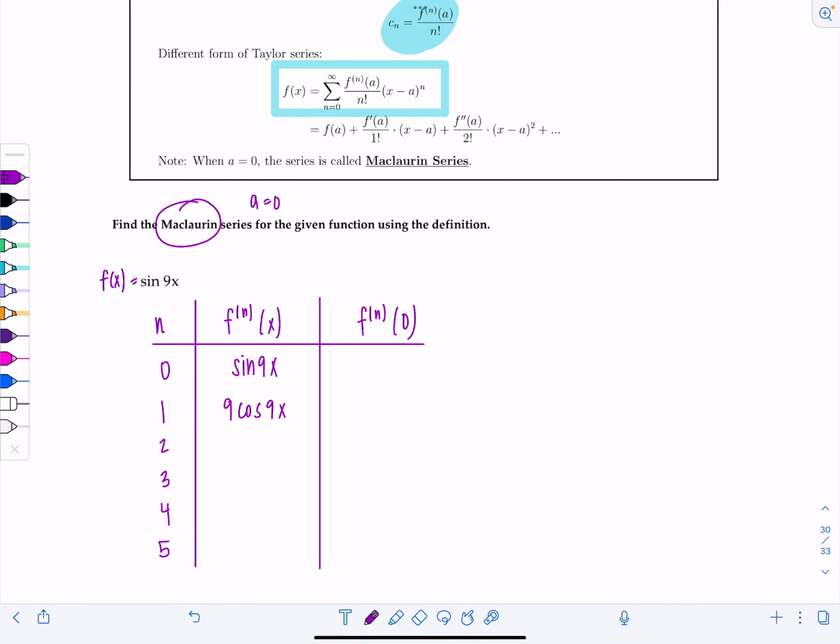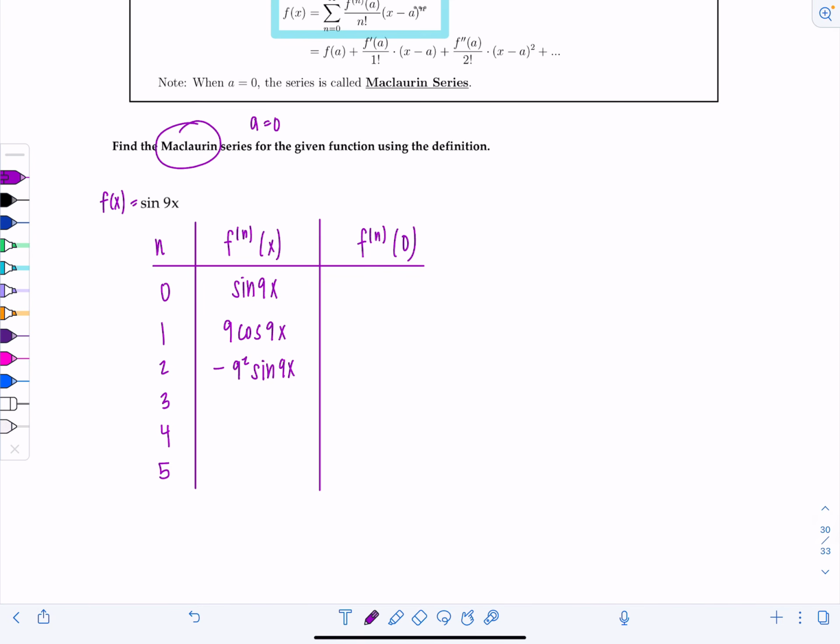Second derivative, negative 9 squared sine 9x. Third derivative, negative 9 cubed cosine 9x. Fourth derivative, positive 9 to the 4th sine 9x, etc., etc. And then 9 to the 5th cosine 9x. I'm not expanding 9 squared, 9 cubed, so I can see the pattern more easily.